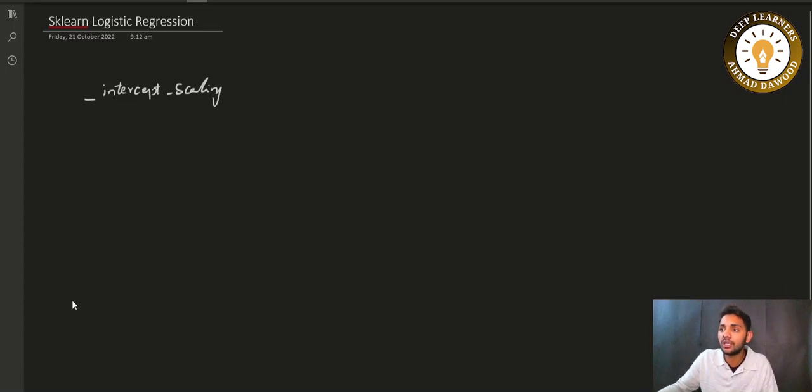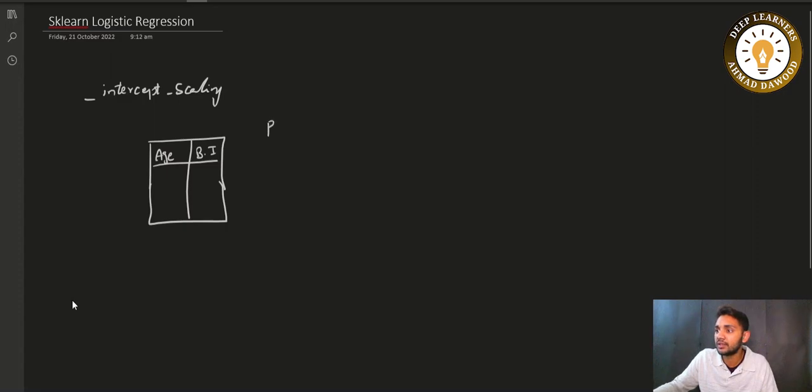How does it actually work? Let's say you have this data set in which you have age as your independent variable and bought insurance as your dependent variable. Okay, and your equation will be like this: probability is 1 over 1 plus e raised to power minus m into age plus some c, some intercept.